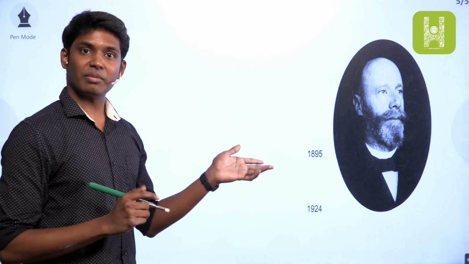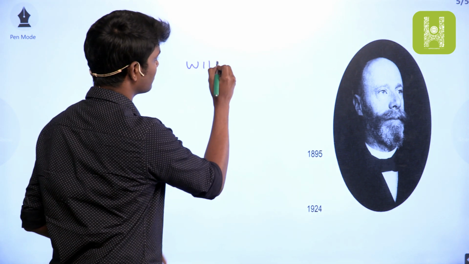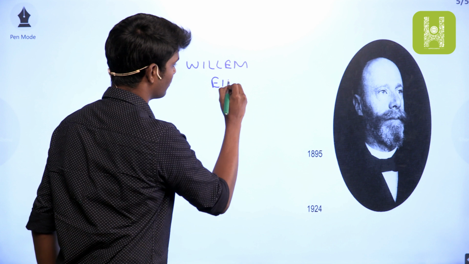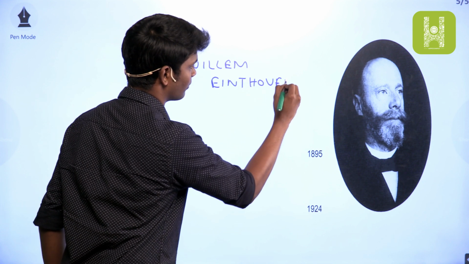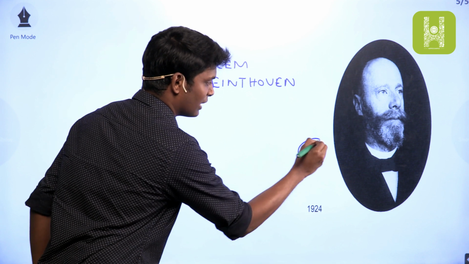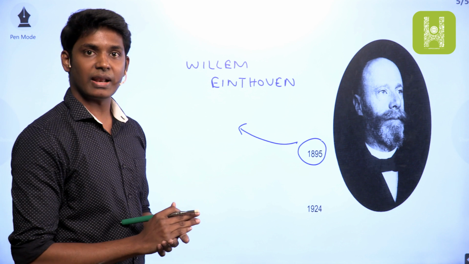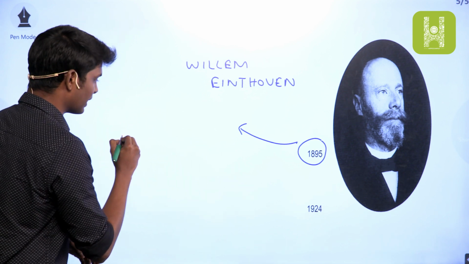Then comes this gentleman whom we are well aware of, Wilhelm Einthoven. In 1895, this guy improvised the Lippmann's capillary electrometer, and he was able to record 4 waves which appeared like this.